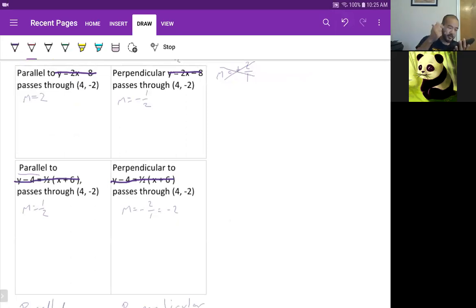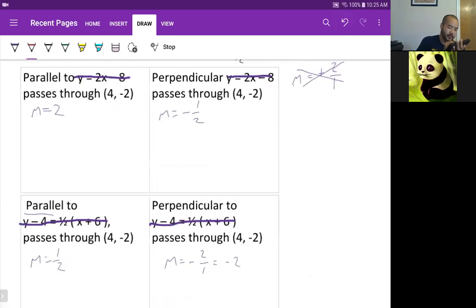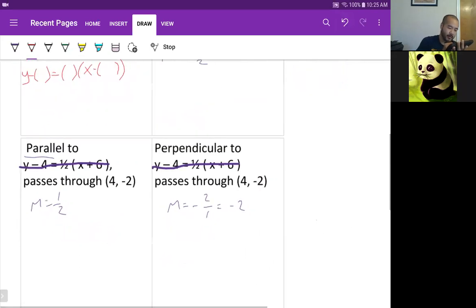All right, so let's write the equation. Point-slope form is y minus y1 equals m times x minus x1. I'm gonna do it again over here.